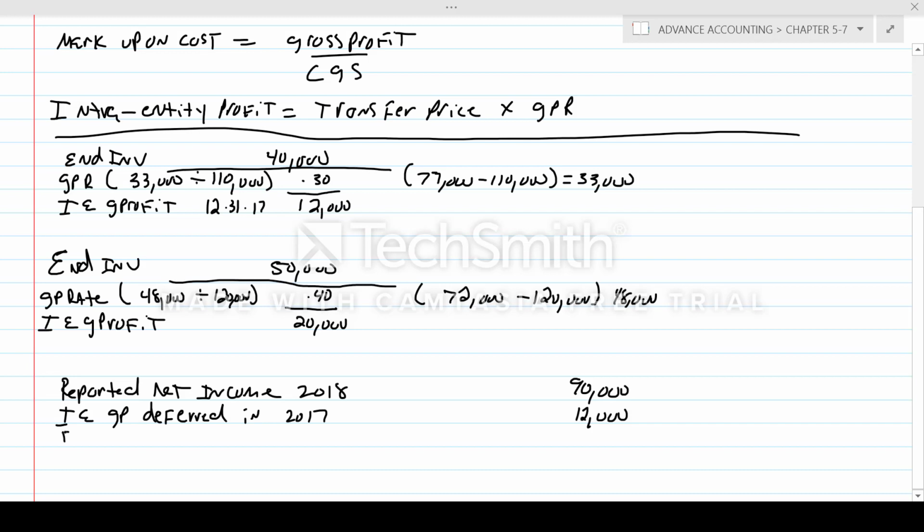Then we have a deferral of 2018's intra-entity gross profit of 20,000 from above.